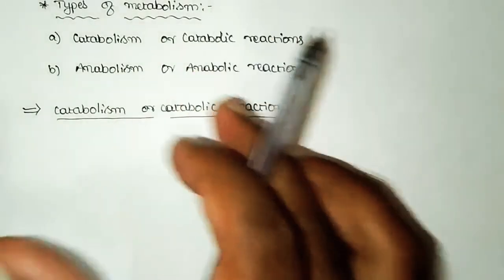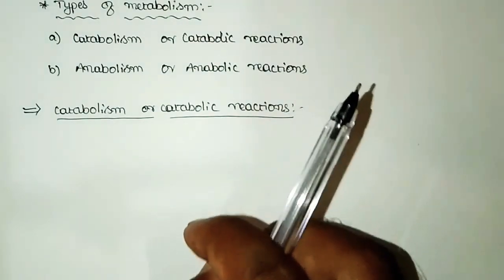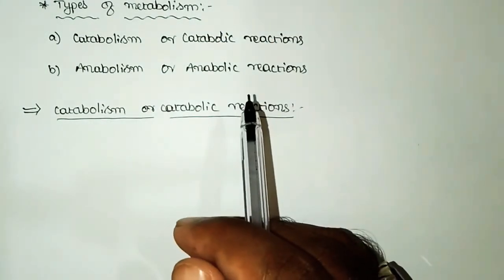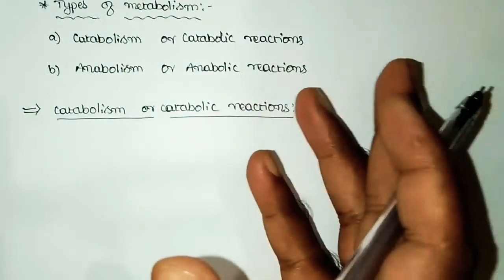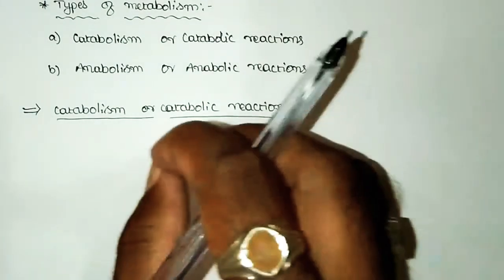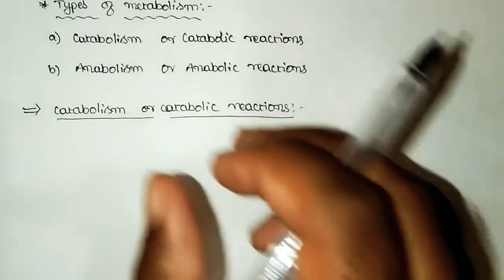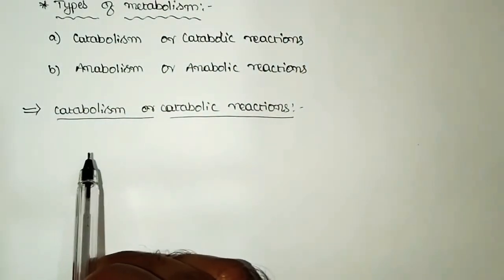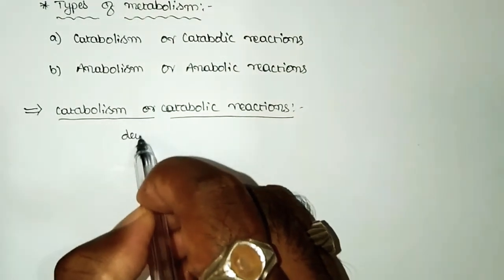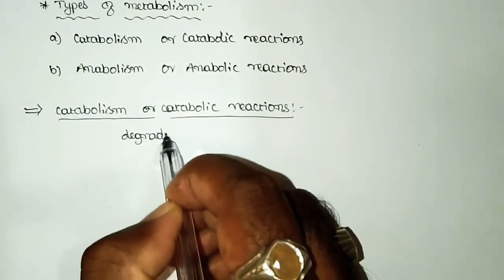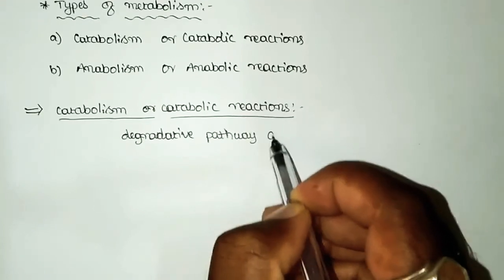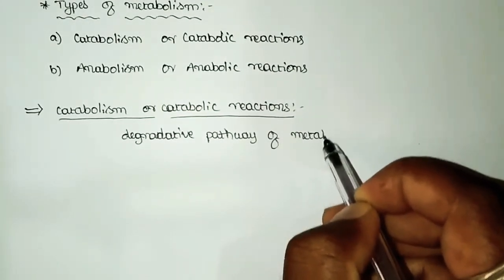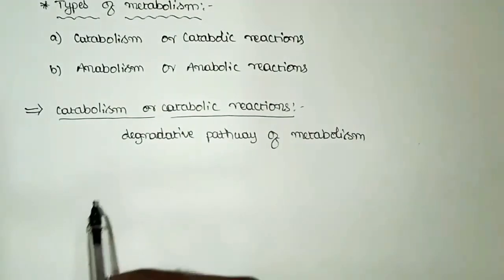Here, if you consider the larger or complex nutrient molecules that are present in the food material that we have consumed, and if those complex nutrient molecules are degrading so as to give simple or smaller products, such a degradative path of metabolism is simply called catabolism.